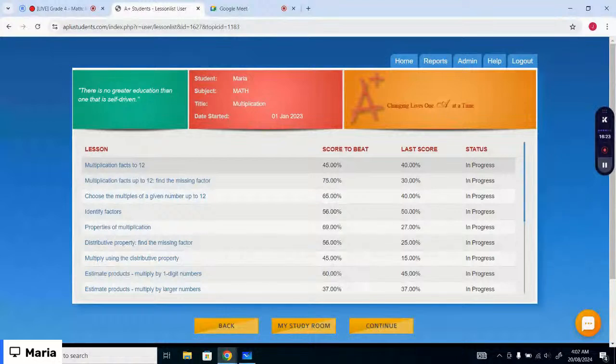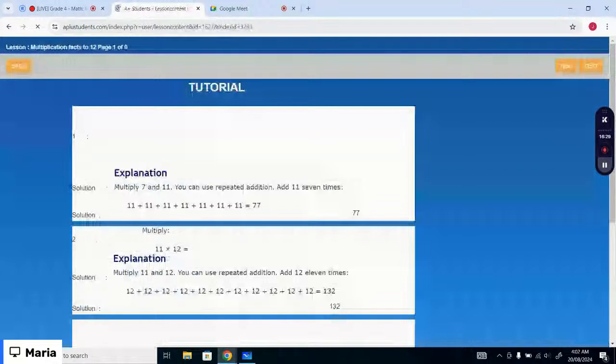Let's start with the first lesson, that is multiplication facts to 12. Let's just start with the lesson. Okay, so the first one is 7 times 11.